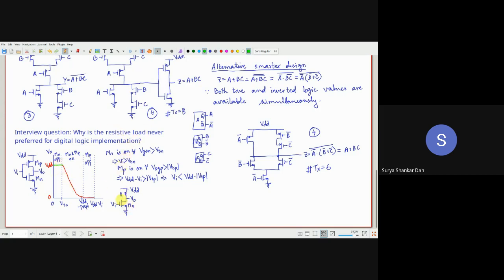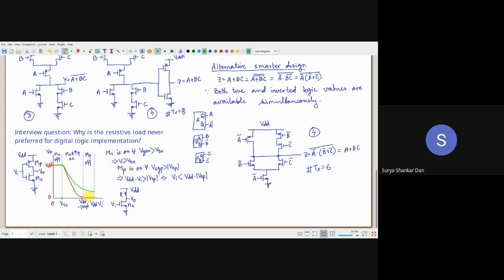Then the moment MN is switched on, since VI is now greater than VTN, there will be a current flowing through this. However, this is going to follow a trajectory like this, because the MP being switched off never happens here. The resistance is always a passive component, right? So this is always going to conduct current.